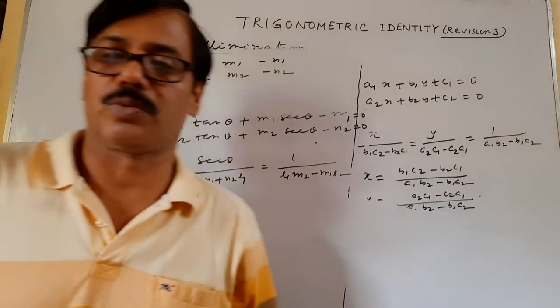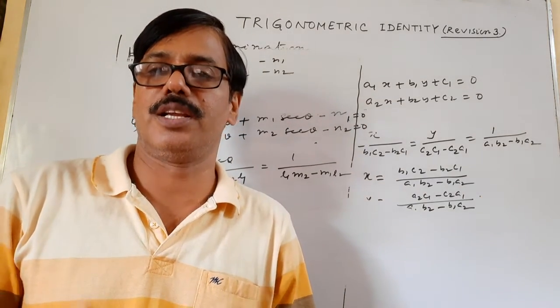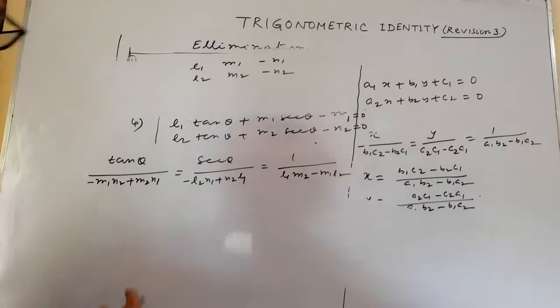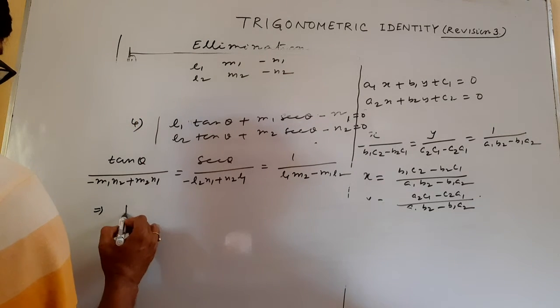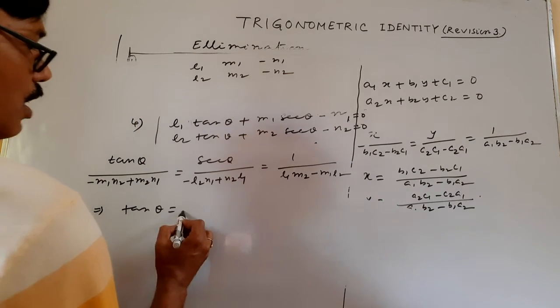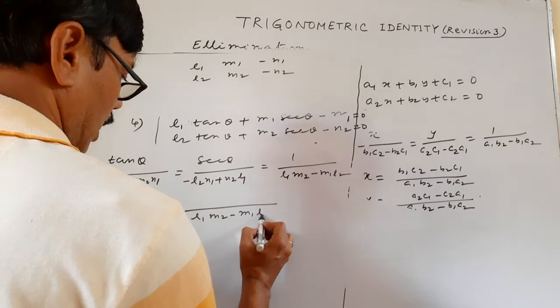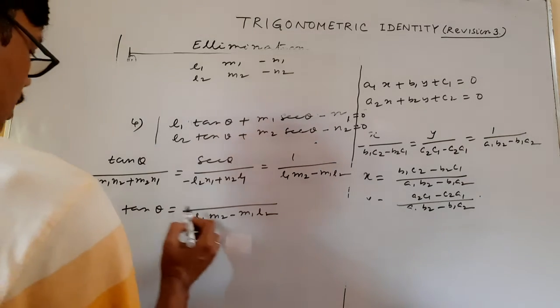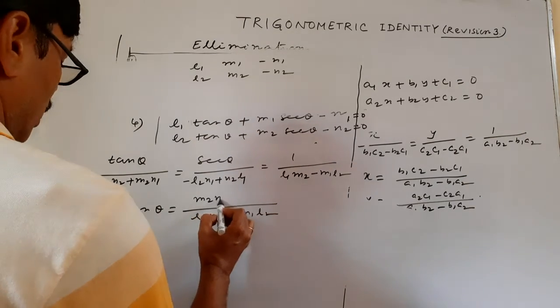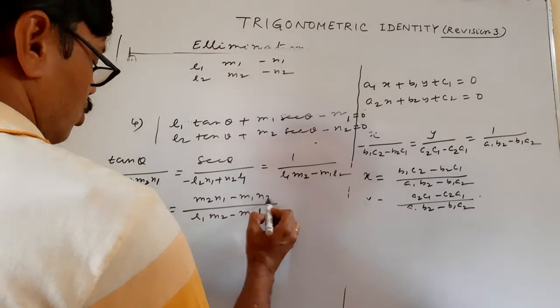So the method of cross multiplication will take least time. So what is tan theta? This implies tan theta equals L1 m2 minus m1 L2, over m2 n1 minus m1 n2.